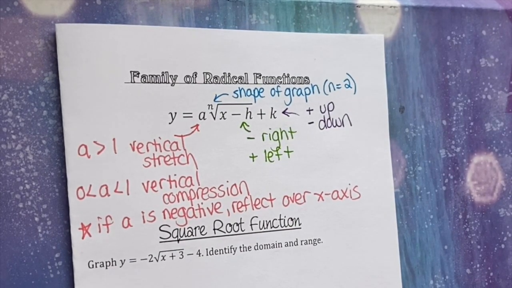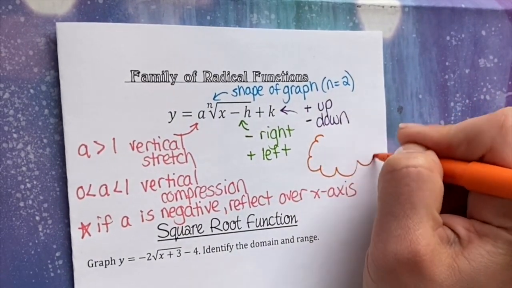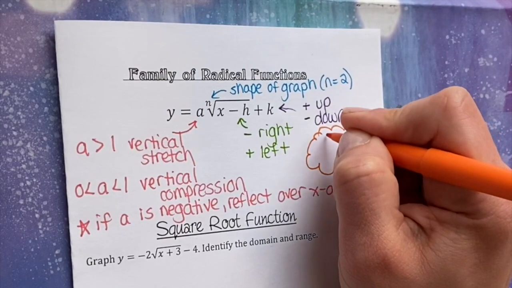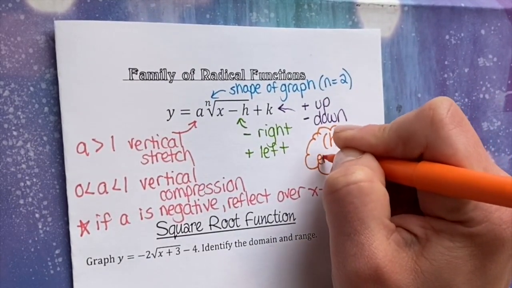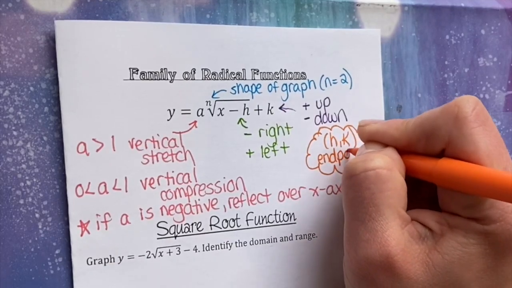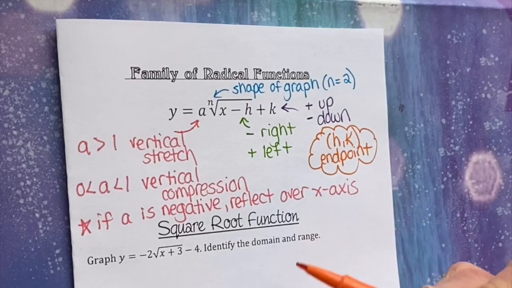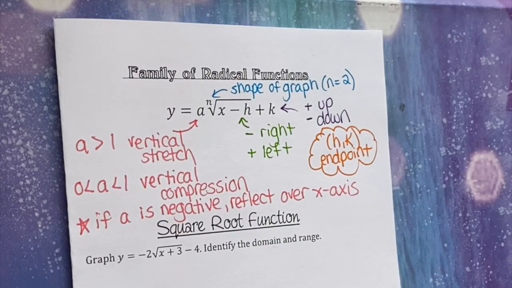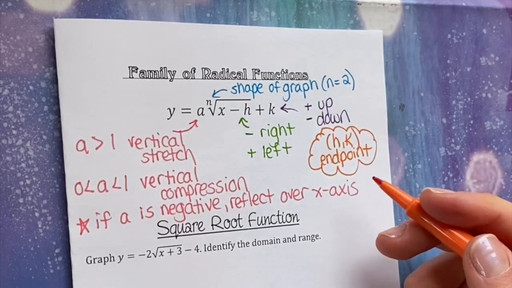So let me sum that up right here. So make a little bubble. HK gives us our endpoint. So remember, you never want to go past your endpoint, so these graphs should not have two arrows on them. This is the point where it starts and stops, kind of.